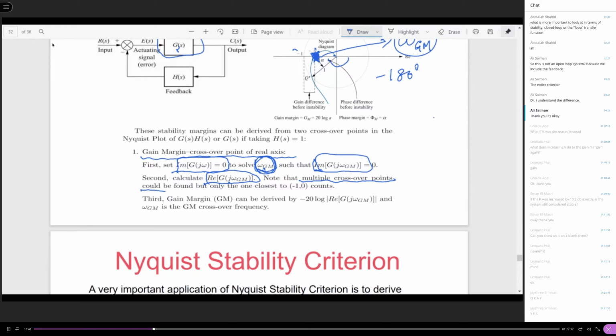But when we calculate the gain margin, it is the crossover point closest to the -1, 0 point that counts. Only the one closest to the -1, 0 point counts.